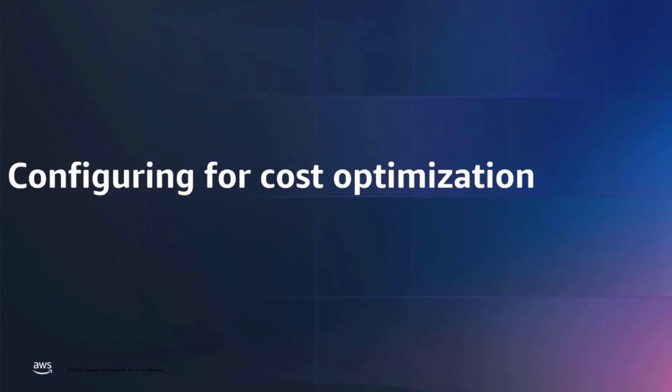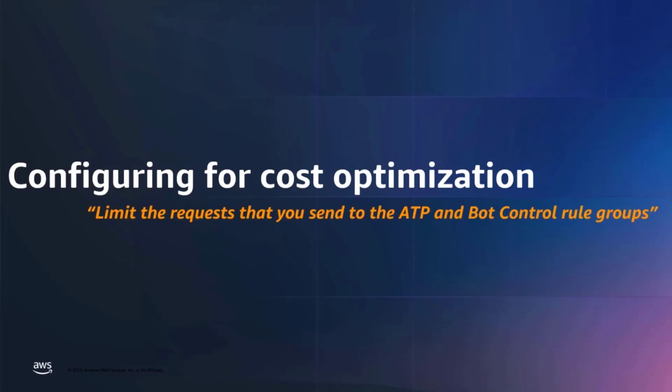Another important point that I want to cover today is configuring these advanced rule sets for cost optimization. I have a lot of customers who ask me this. Simply put, for cost optimization, we request all customers to limit the requests that you send to the ATP and bot control rule groups.